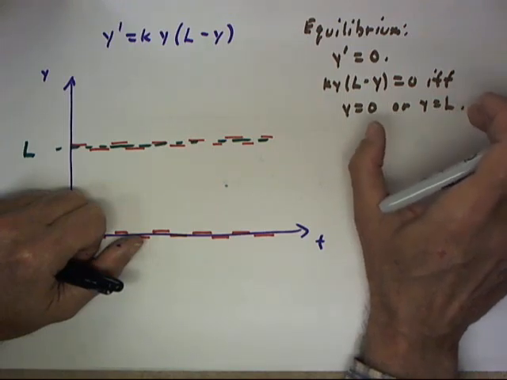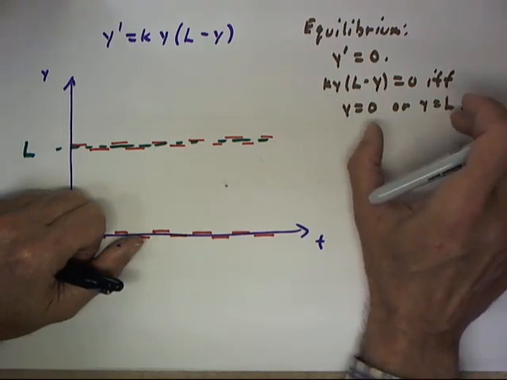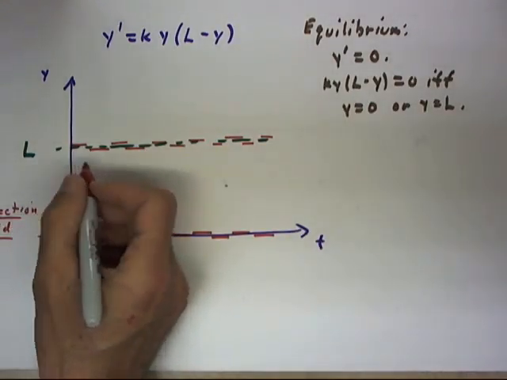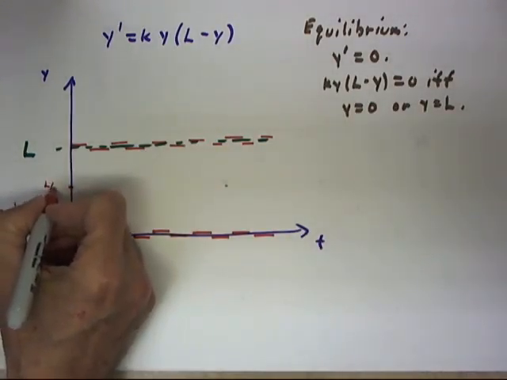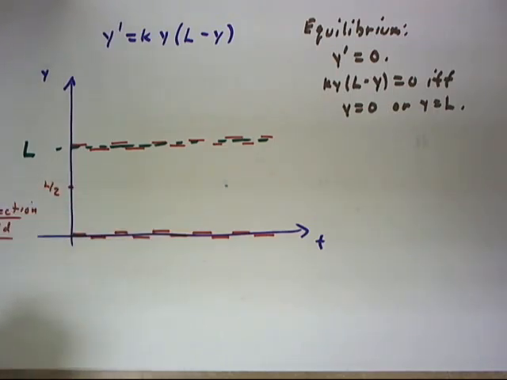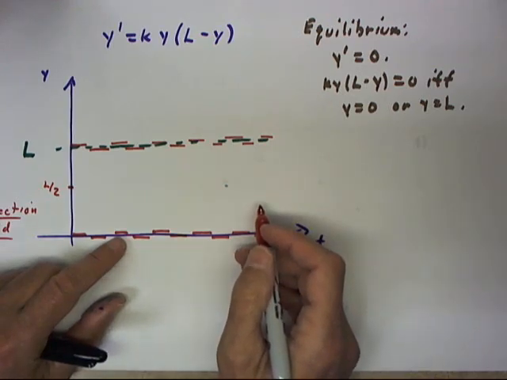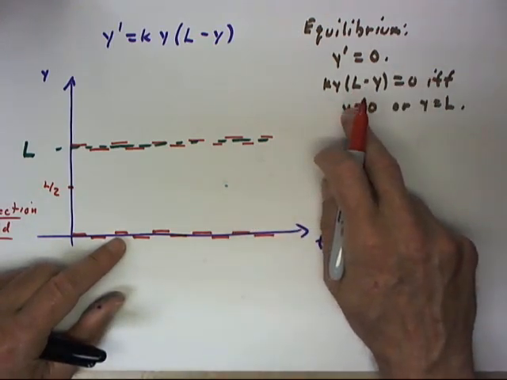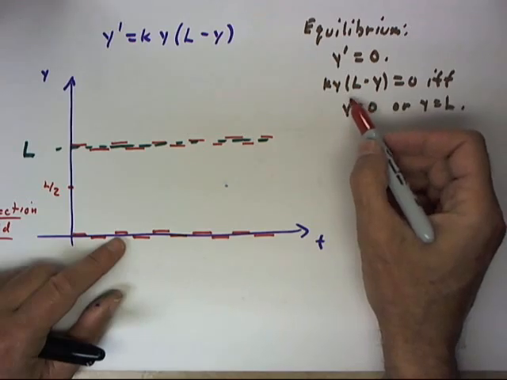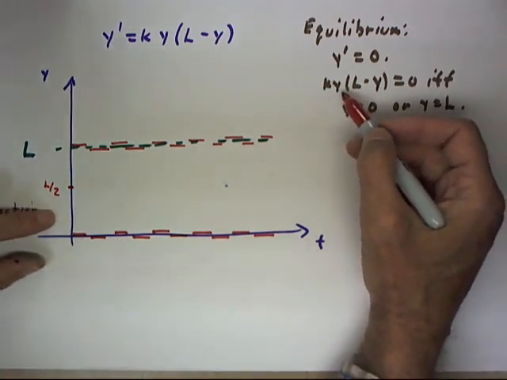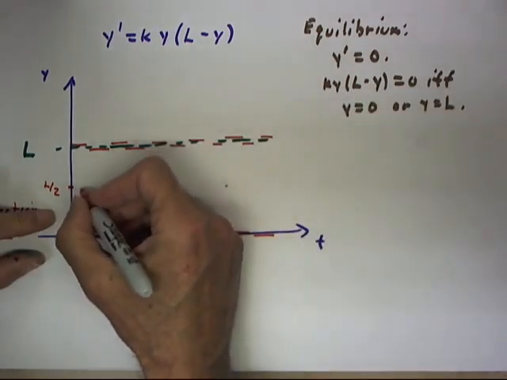A parabolic graph with zeros at these points is going to maximize halfway between those zeros, so at y equals L over 2, the slope field is going to reach a maximum. It's going to be as steep as it's going to be, and the actual slope is then going to end up being 1/4 k. And of course the actual slope depends on what k is.